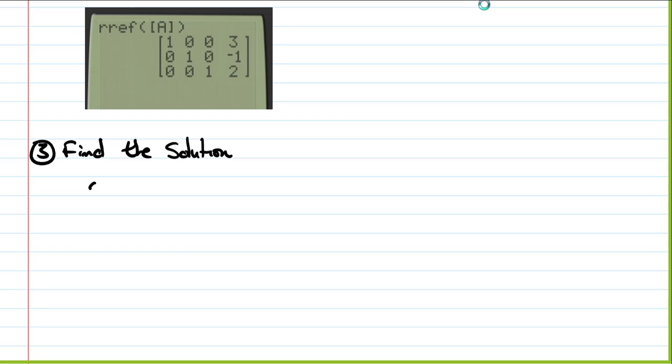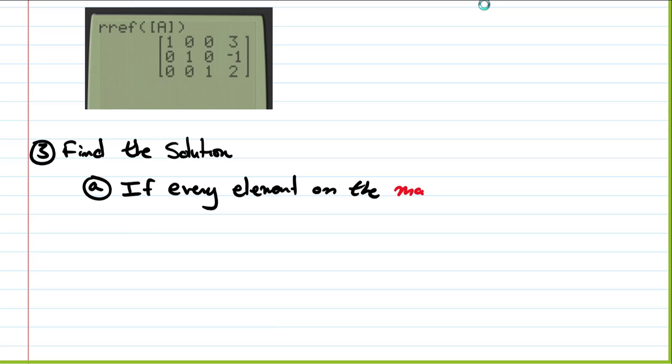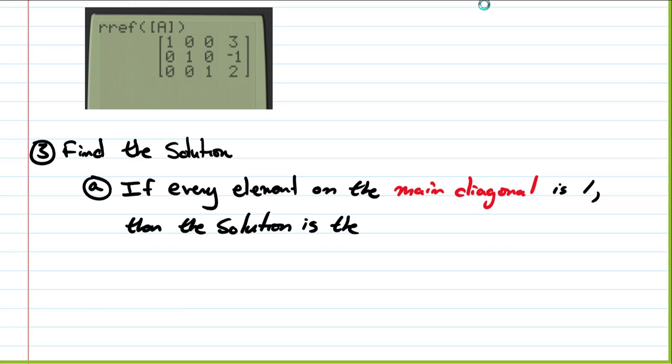So A, if every element on the main diagonal is 1, then the solution is the last column.